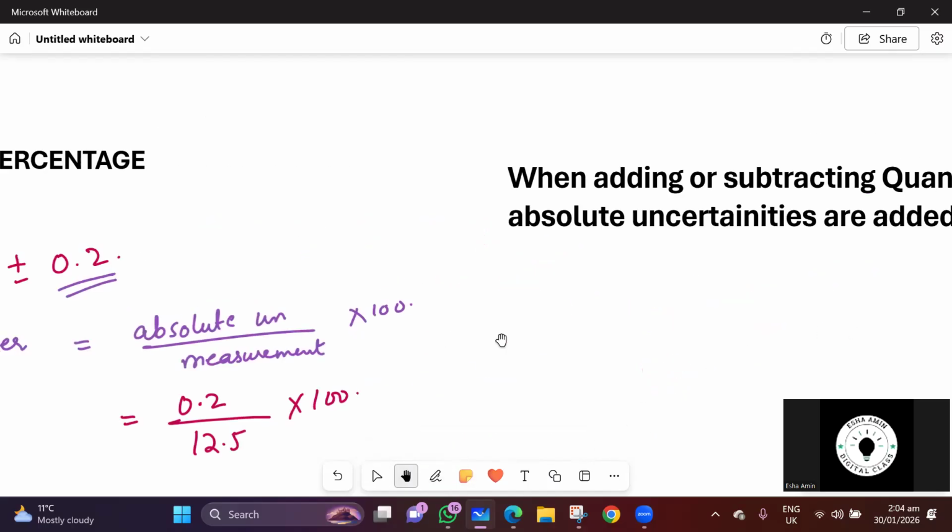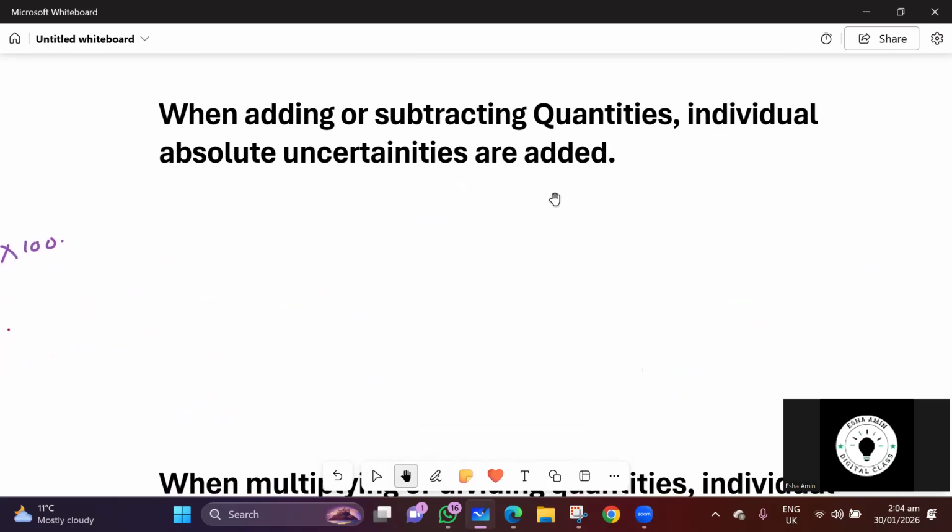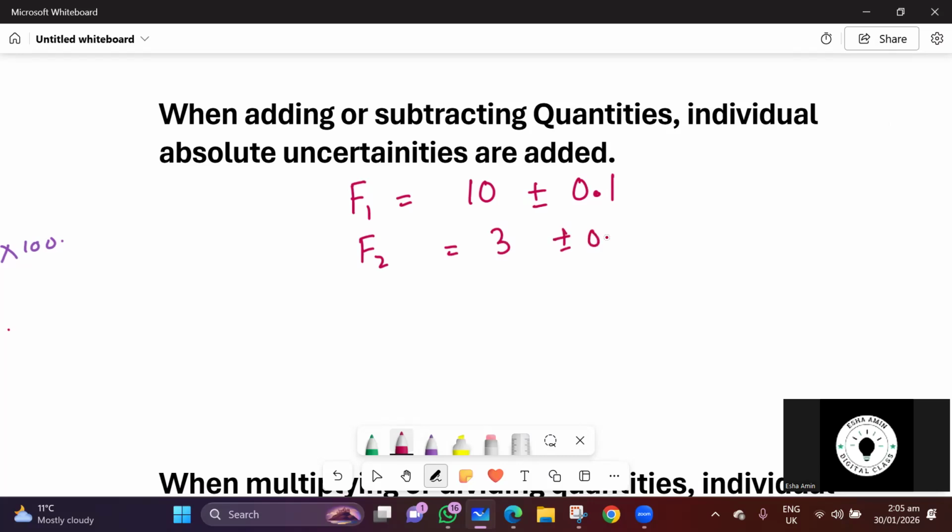Now the next one is when we are adding or subtracting quantities, their absolute uncertainties are added. How can we do it? Let's say there is a force F1 that is equal to 10 plus minus 0.1, and another force F2 that is 3 plus minus 0.2.